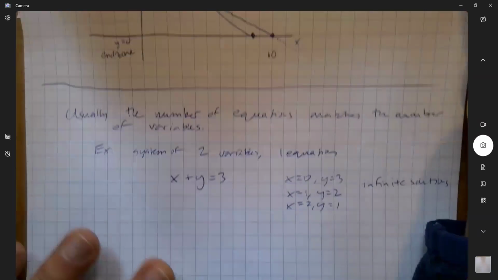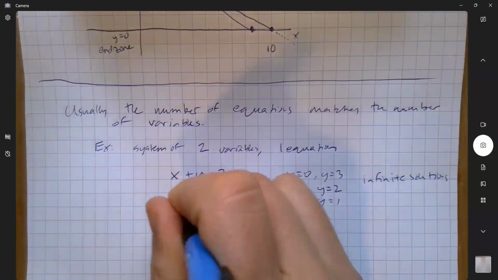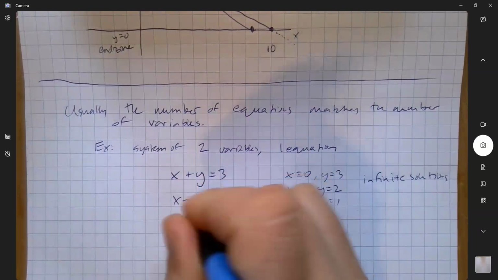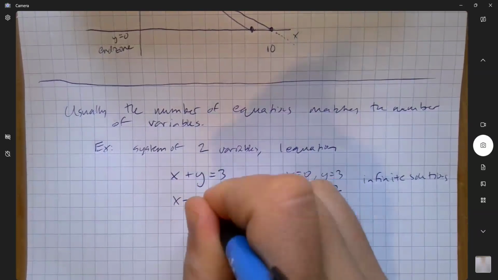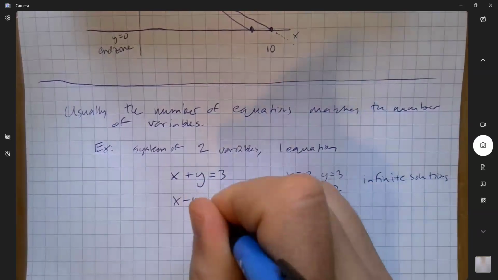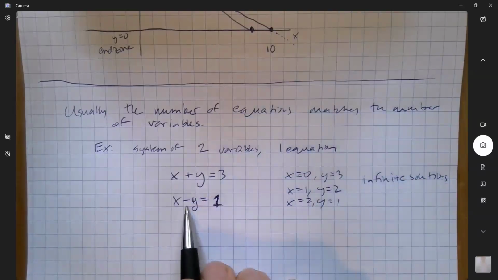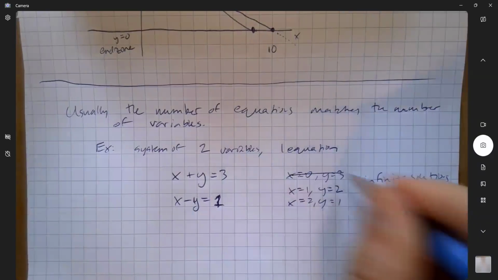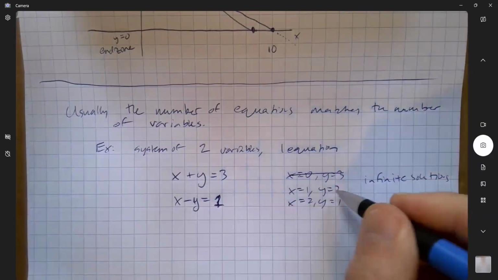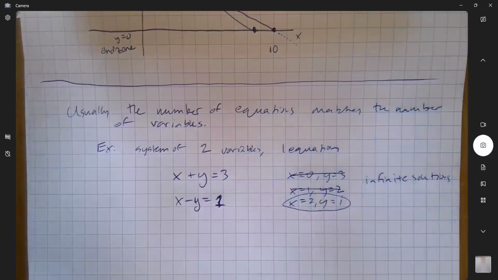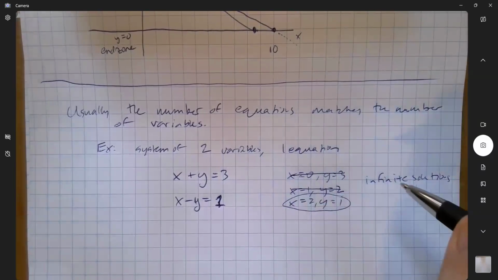But as soon as you add in another equation, like x minus y equals 1, now most of these possibilities won't work. 0 minus 3 does not equal 1. 1 minus 2 does not equal 1. But x equals 2 and y equals 1 does work.